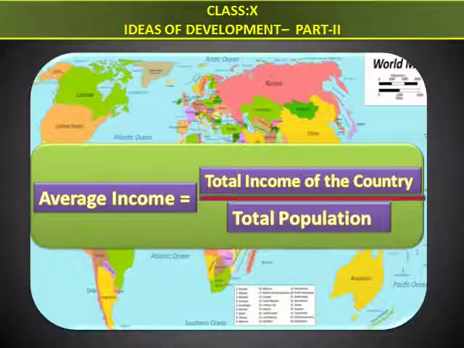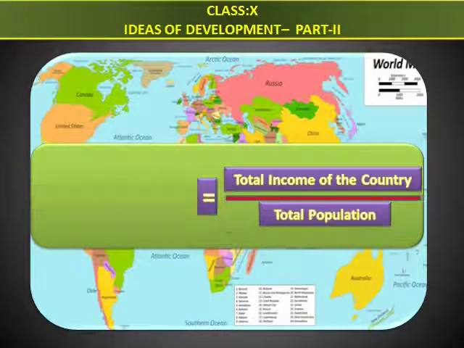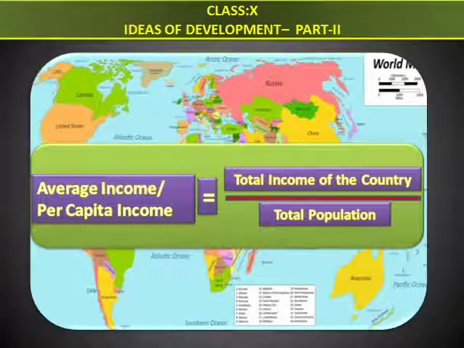The more reliable criterion for comparison of national development is average income, given by the total income of a country divided by the total population of a country. Average income is also known as per capita income.